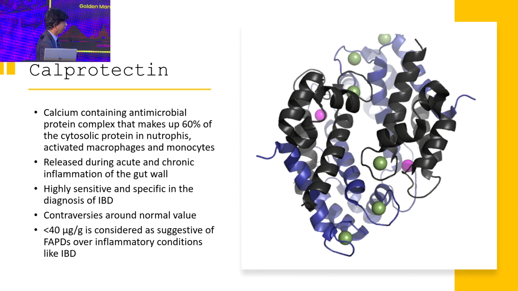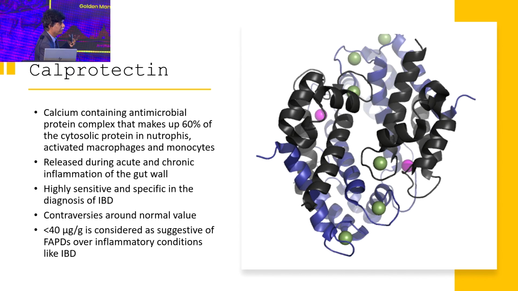I think one speaker before me talked about fecal calprotectin, and he was absolutely right. About 40 microgram per gram of stool is considered normal, which is very consistent with functional abdominal pain disorders, because although they have submucosal inflammation, these things never manifest.